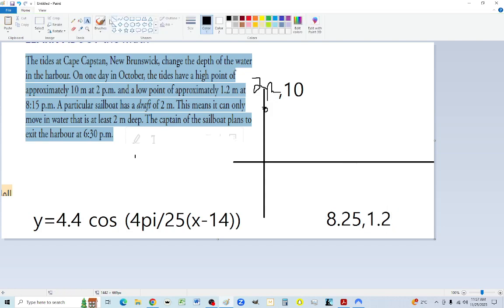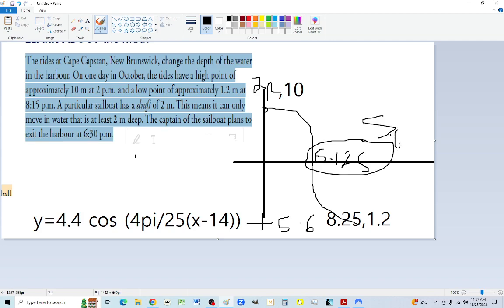If we look at this time here, it's going to go down, and halfway through it's going to hit the axis here. The axis halfway through between 2 and 8.25 is 4.125. We add that to this, it's 6.125. So at 6.125, we're going to hit the axis, which we've determined was plus 5.6. So at 6.125, it should be 5.6.